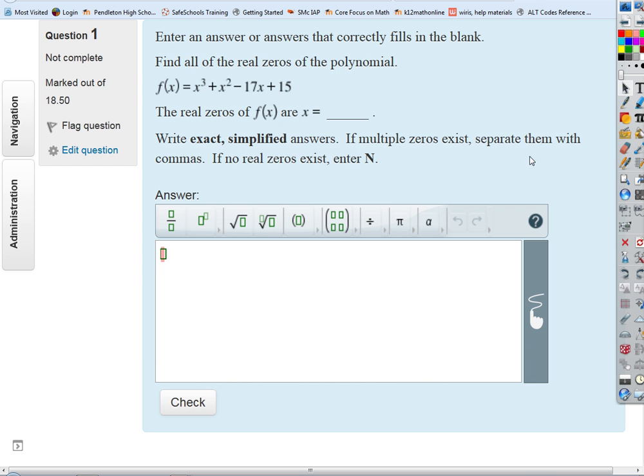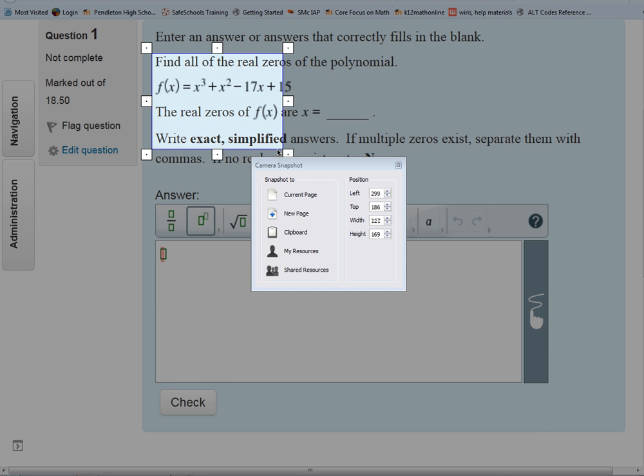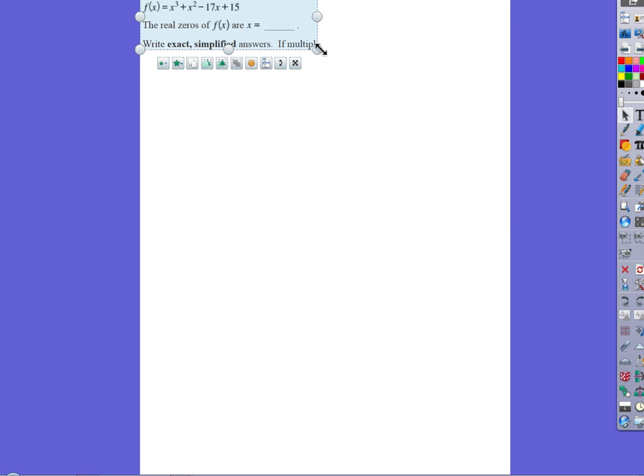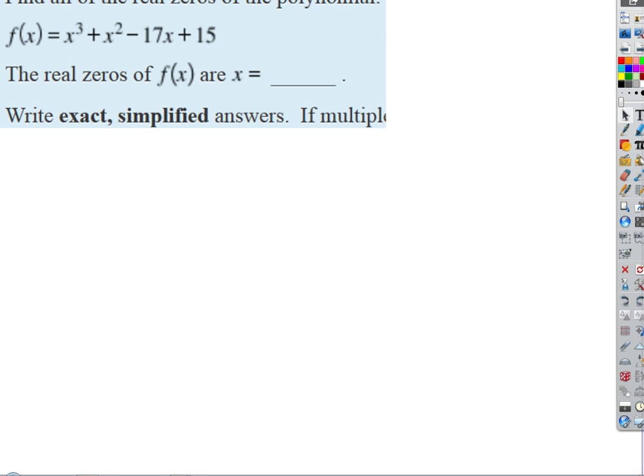Think about how you could find the real zeros. Okay, what do we do?